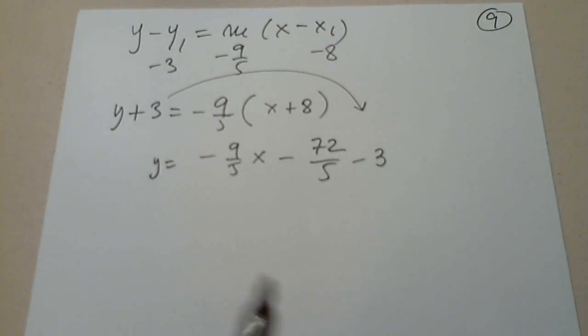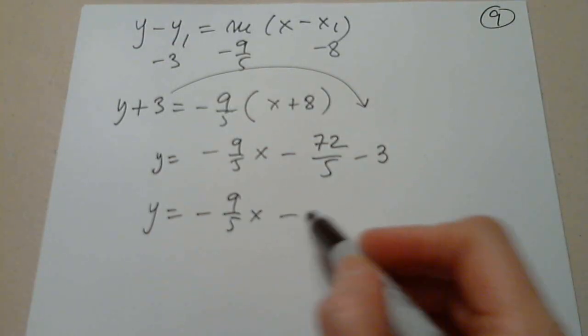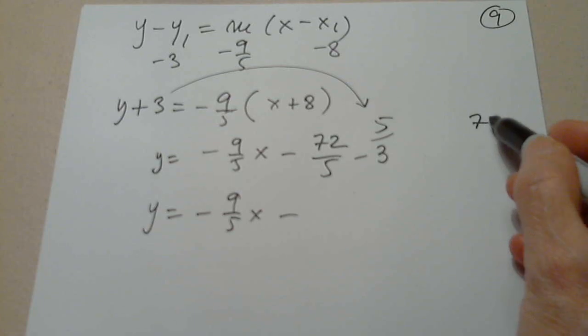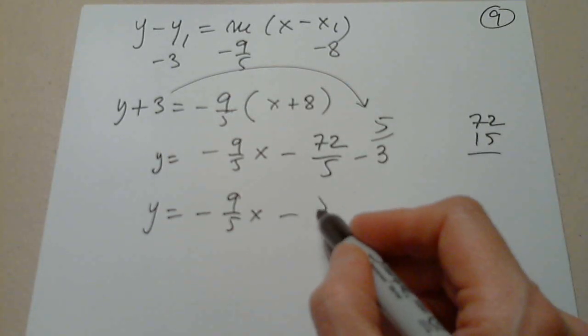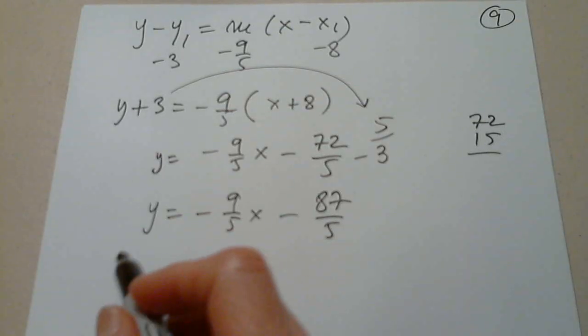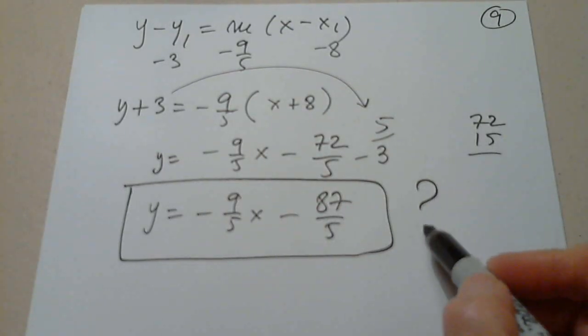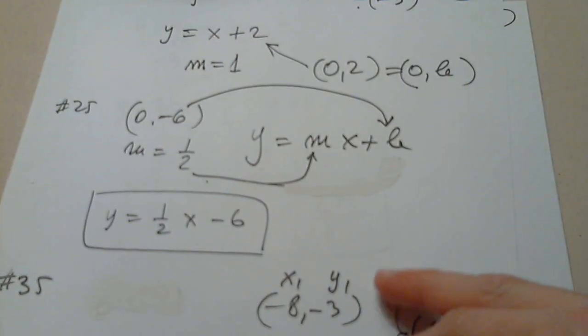Okay, so now finally I have y equals -9/5 x minus, so this is 72 minus 15. 72 and 15 is 87. So minus 87 over 5. What is this? Well, this is the equation of the line passing through the given points.